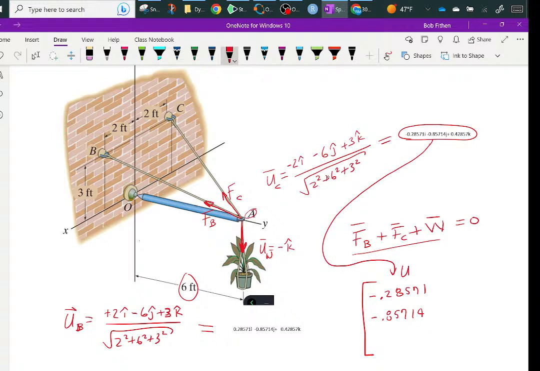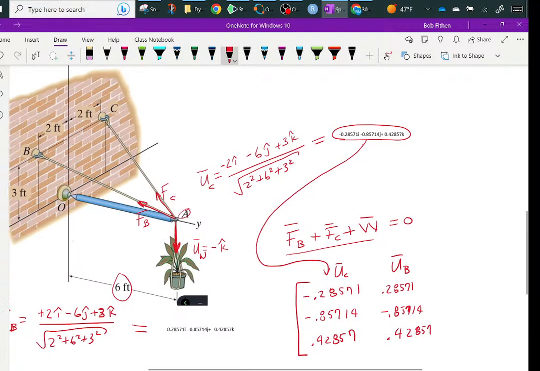So it will be UC and 0.42857. Then I'm going to copy the UB from over here, and it is 0.28571 minus 0.85714, 0.42857.